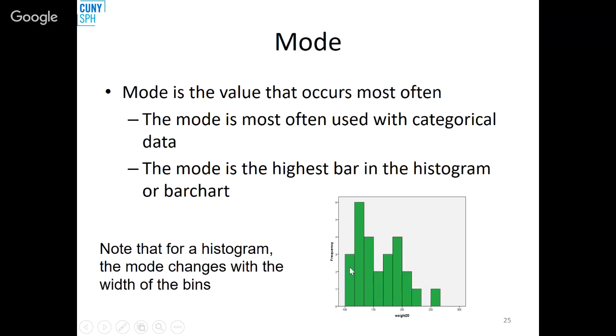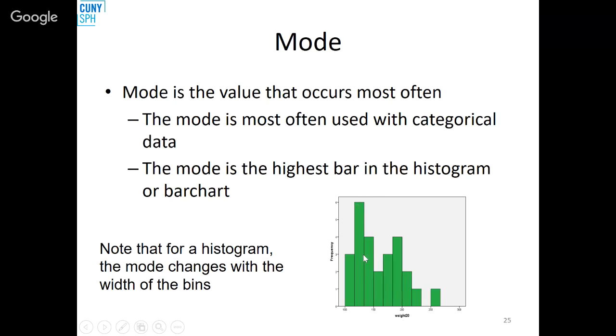The mode is something that you can only really calculate for categorical variables because it's the value that occurs most often. So when I talk about a unimodal or a bimodal distribution for a quantitative variable, that's done based on the assumption of us having binned the variable, like to make a histogram.